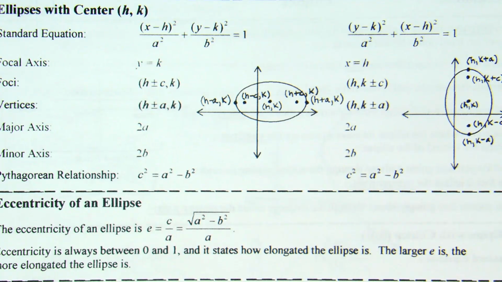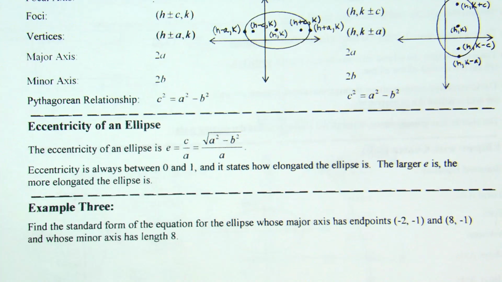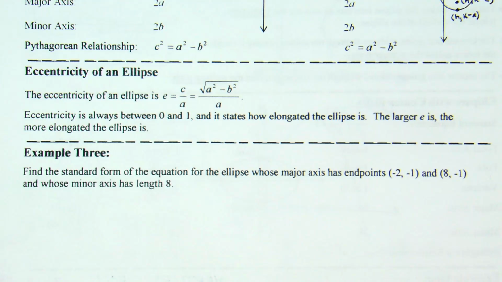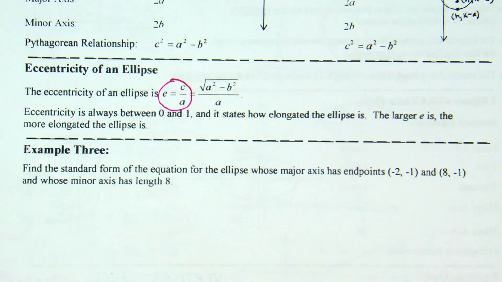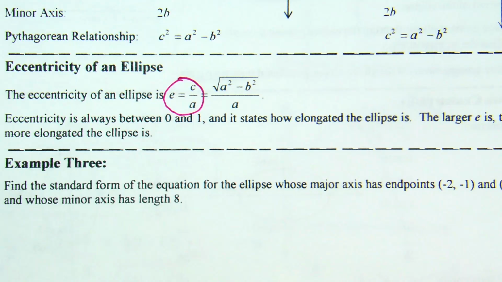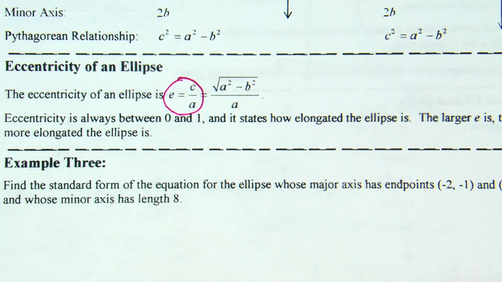One other thing listed right here, I'll be honest, if it's like my morning class, we won't have time to talk about it, but eccentricity of an ellipse. There's a very basic formula, and I would just use e equals c over a. When it gets fancy, it says e equals c over a, which equals the square root of a squared minus b squared, over a. That's just a way to find c. You know how to find c if you need to, because you know the Pythagorean relationship.